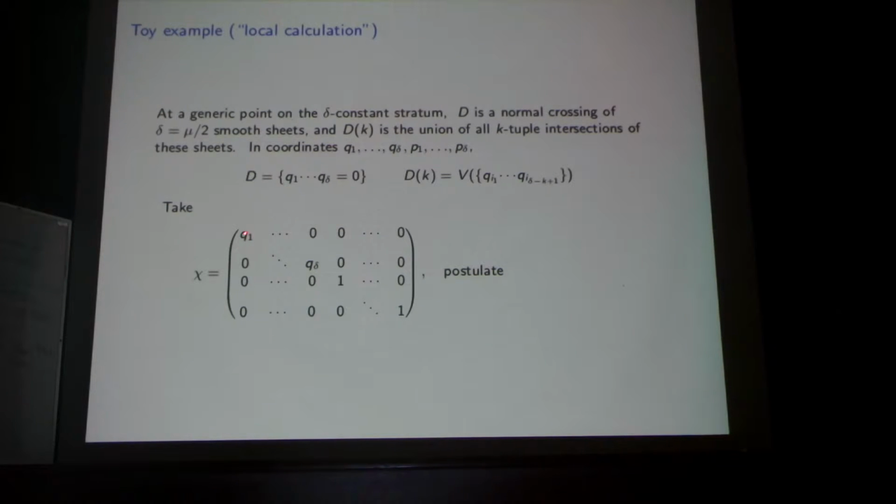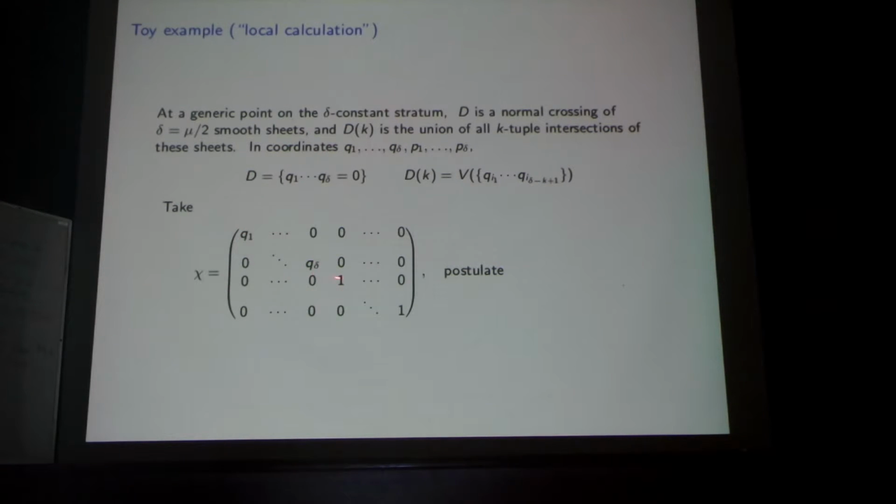It just means q1 d by dq1. That's our first vector field. The remaining ones go down to q delta d by dq delta. And then since the discriminant is a product in the direction of the p variables, they don't figure in its equation. The remaining vector fields have constant coefficient 1, the remaining generators for the module of logarithmic vector fields. Now, I've kind of concocted this.